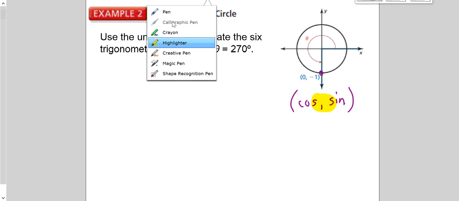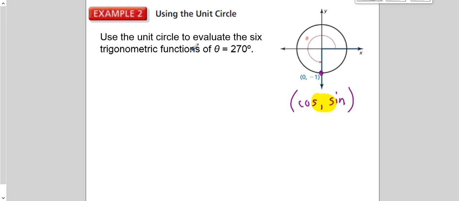All right. Let's do this. Sine, cosine, tangent. Sine is the y value, cosine is the x value.